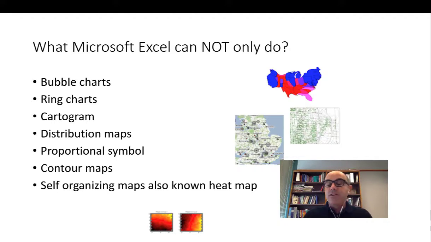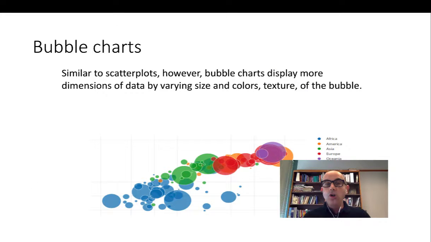It doesn't allow us a bubble chart. It doesn't allow us a ring chart. It doesn't allow us to show distribution maps or contour maps or heat maps. All those things are part of visual analytics in order for us to convey, to display more information in more than one dimension.